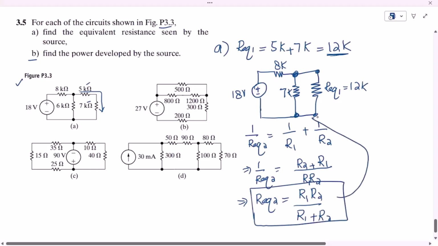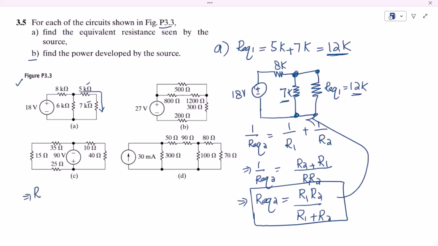Taking it for this case where R1 is 7K and R2 is R equivalent 1, which is 12K, R equivalent 2 here would be R1, 7K, multiplied by R2, 12K, divided by 7K plus 12K.